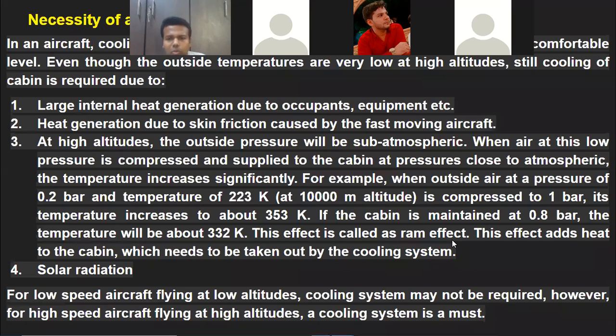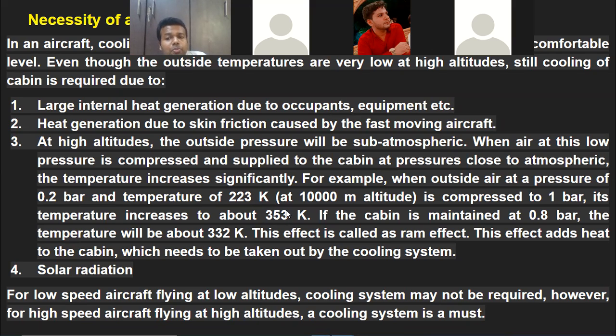Simple. Outside air pressure is 0.2 bar, and outside air temperature is 223 Kelvin at, let's say, 10,000 meters altitude. When we compress it to 1 bar, what happens? The temperature increases to 353 Kelvin.